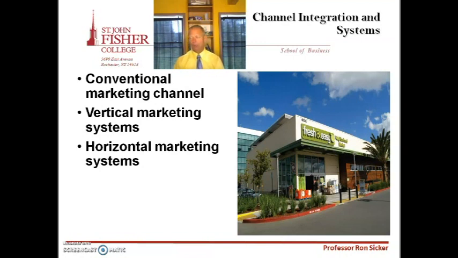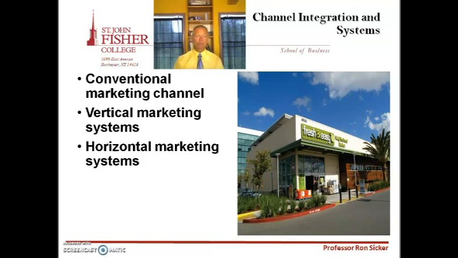So Apple is sold through Verizon, as well as Samsung and LG and the rest of those phones. So that would be a horizontal marketing system. There's other horizontal marketing systems that I don't know about. Oftentimes you see horizontal marketing systems where two people that are unrelated kind of help one another come together.